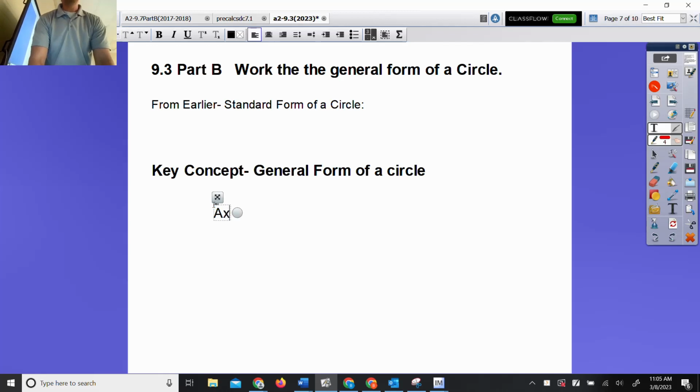General form is ax squared plus by squared plus cx plus dy plus e equals 0.